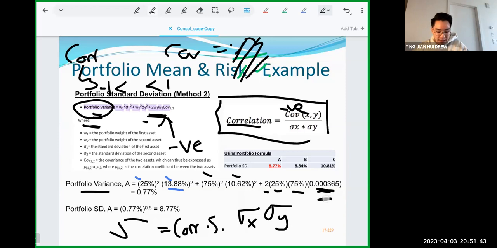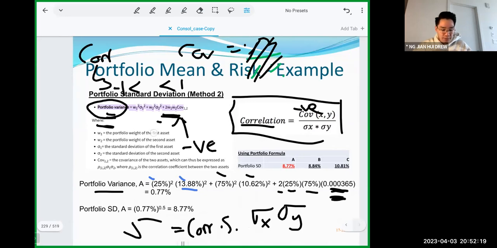Because of that, some diversification is happening, meaning that you reduce the risk without reducing the returns. So this is the benefit of diversification. Method 2, very easily, because of the formula, shows you the concept of diversification in the formula.